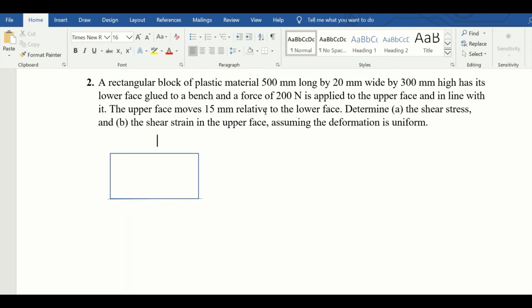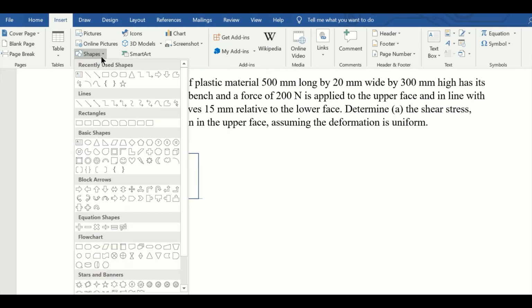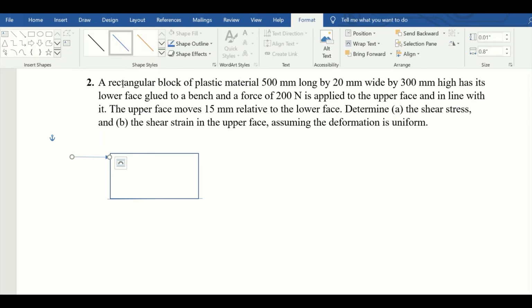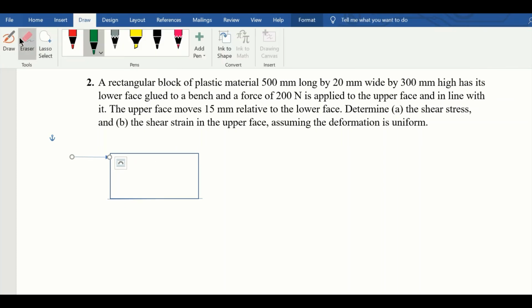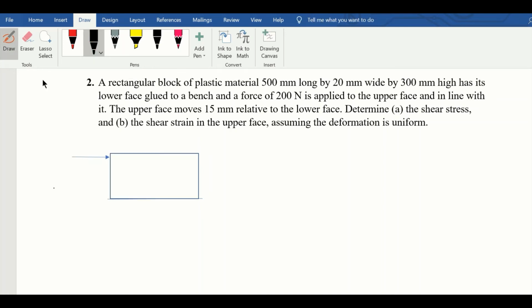Now it says a force of 200 Newton is applied to the upper face. So a force of 200 Newton, for example, here is the upper face, is applied right here, that's the force applied on the upper face of the block.